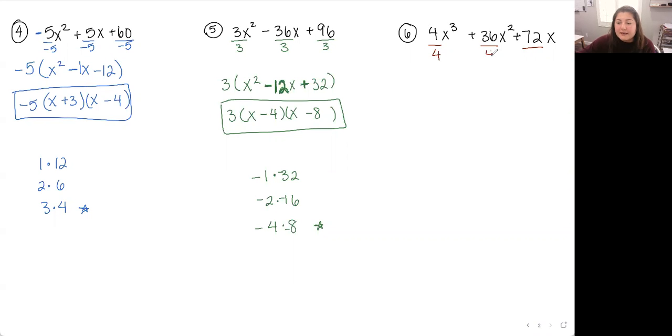So I'm going to divide each of these by 4. And I'm going to divide each of them by an x, because in each of my terms, I have an x available to me. So I'm going to pull 4x before my parentheses, and then I'm going to go ahead and divide.